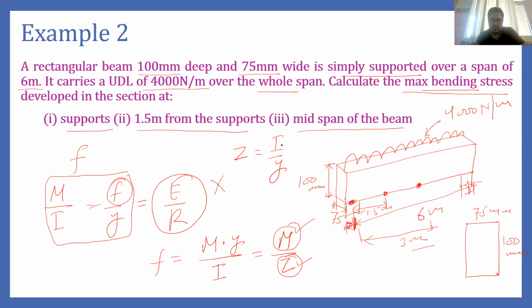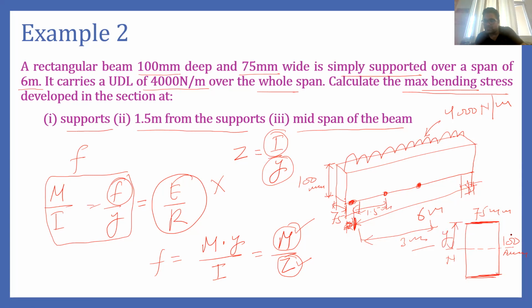So for this, we know Z is I by Y. Neutral axis of the beam will be somewhere here. So I here is the moment of inertia about neutral axis and Y is the distance from neutral axis to the extreme fiber, because maximum bending stress will occur at the topmost fiber and the lowermost fiber. So in this case, Y value will be this one.